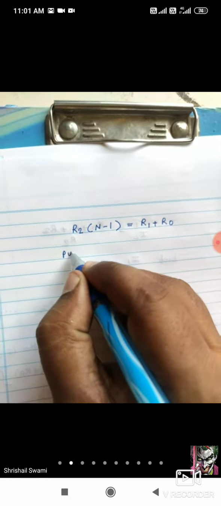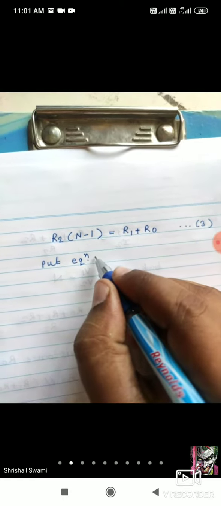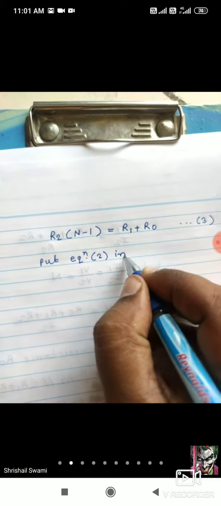If you take R2 common, R2 into n minus 1 remains, and the other side is R1 plus R0. Understood? I call this equation number 3. Now put equation number 2 in equation number 3, means replace R1.